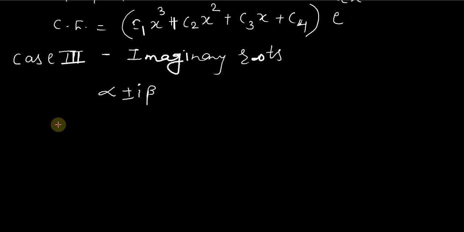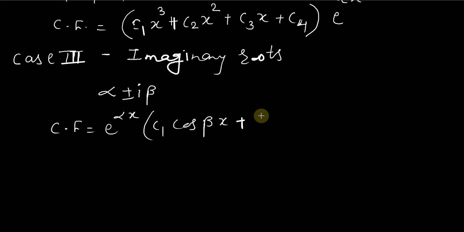So for this one pair, the CF is e raised to alpha x times C1 cos beta x plus C2 sin beta x. For this one pair, that is two roots, we have two constants C1 and C2.